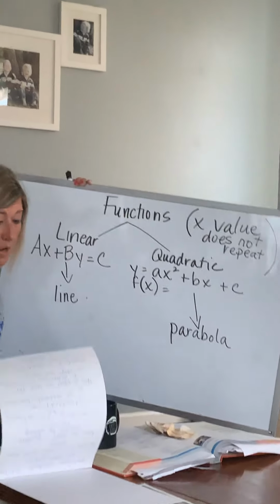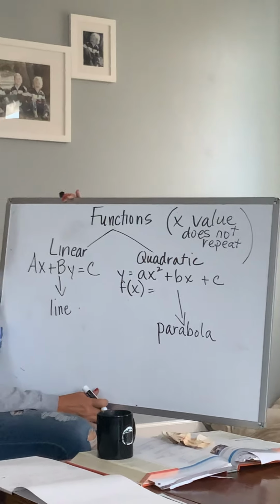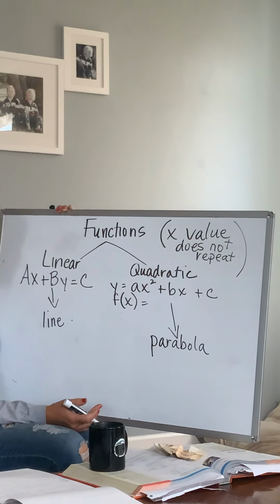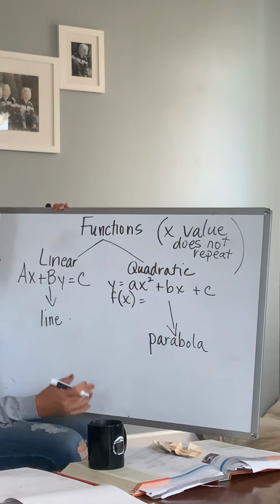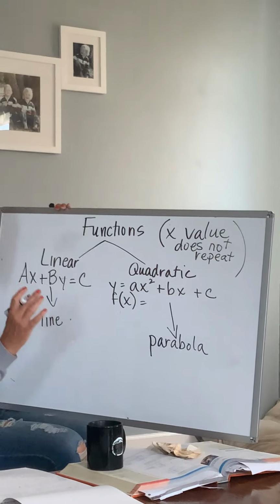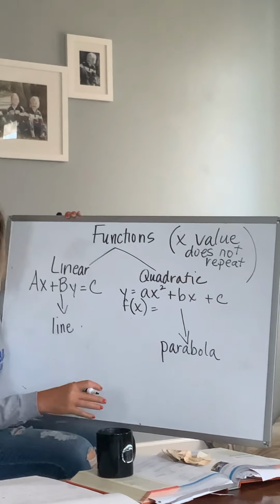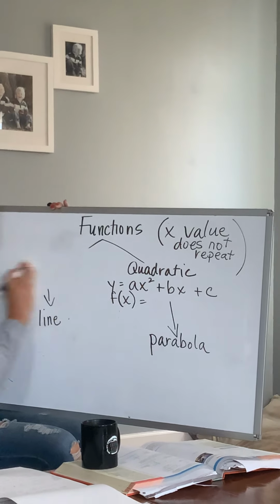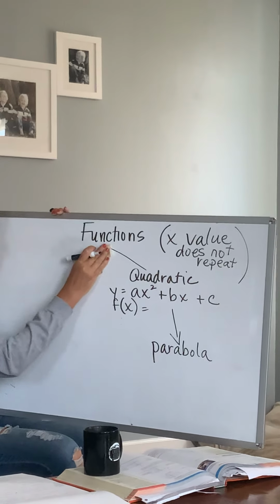So there are a number of things we need to determine before we graph a parabola. Okay, so I'm going to make a list of everything we need to determine and how we do it, and then we'll do a couple of examples, okay? So I'm going to erase this, and we're going to put the list of things we need to do over here.